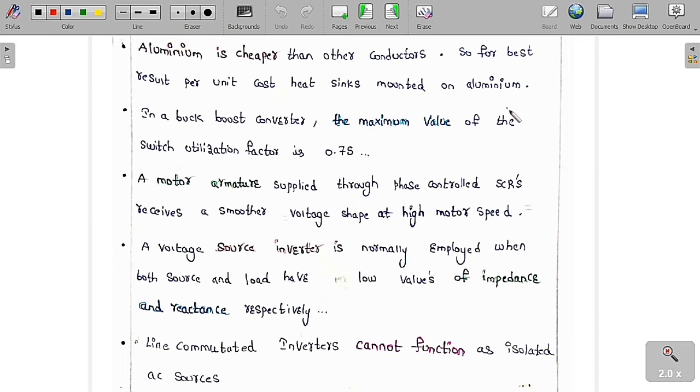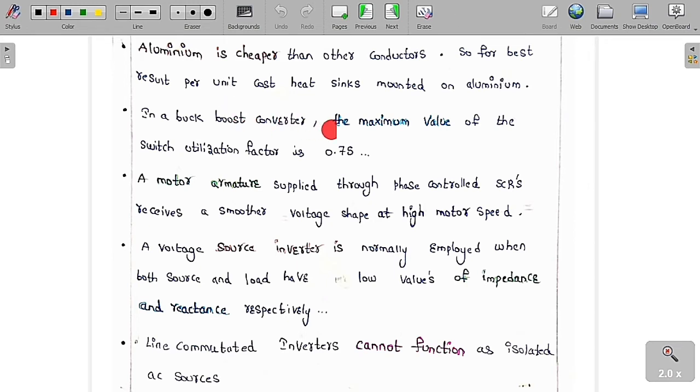What I am trying to say is that aluminum is very cheap compared to other conductors, and because of this reason we make heat sinks with the help of aluminum.